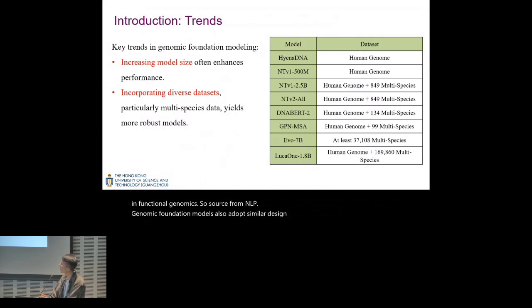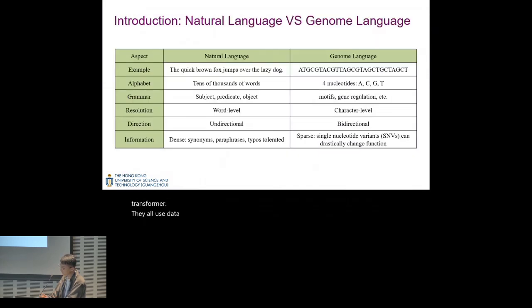They tend to increase model size and incorporate diverse data to enhance performance. For example, the first version of the Nucleotide Transformer has 4 model sizes, from 50 million parameters to 2,500 million parameters. In addition, both MutBERT and the second version of the Nucleotide Transformer use data from multiple species.